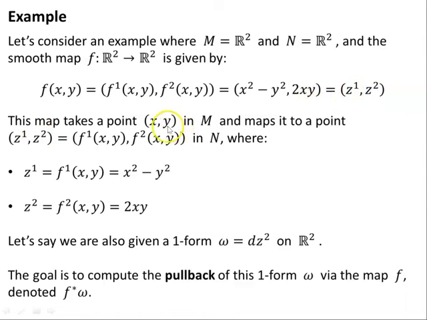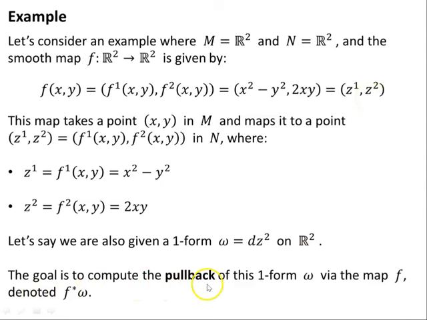So this map takes a point (x, y) in M and maps it to a point (Z1, Z2) equals (F1, F2) in N, where Z1 is x squared minus y squared, and Z2 is 2xy. These are F1 and F2, the component functions. Let's say we are also given a one form omega equals dz2 on R2, the 2 not being a square, but just the second coordinate, on N, where we have Z1, Z2.